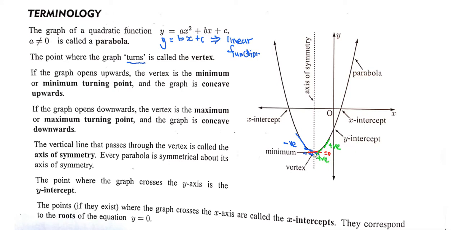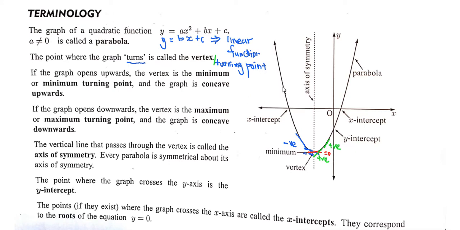Then the gradient of the tangent along here becomes positive. This is according to this statement, the point is called the vertex. But there is another term used: they call it the turning point.